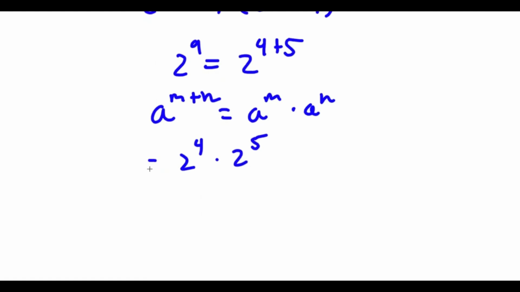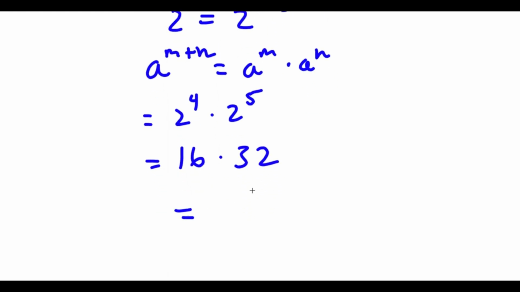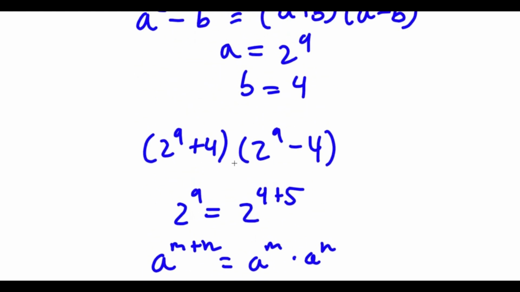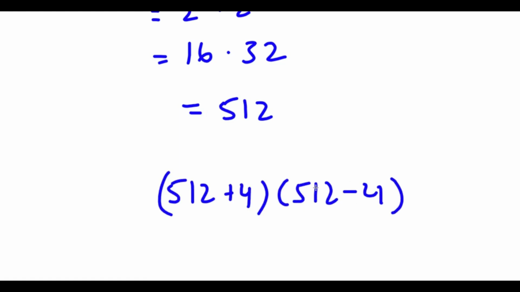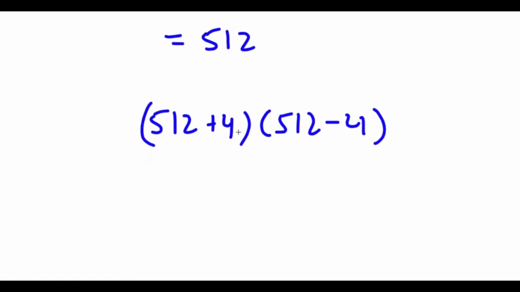Now 2 to the power of 4 is equal to 16, and 2 to the power of 5 is equal to 32. So I have 16 times 32, which is equal to 512. So now I have 512 plus 4 times 512 minus 4. Now 512 plus 4 is 516, and 512 minus 4 is 508.